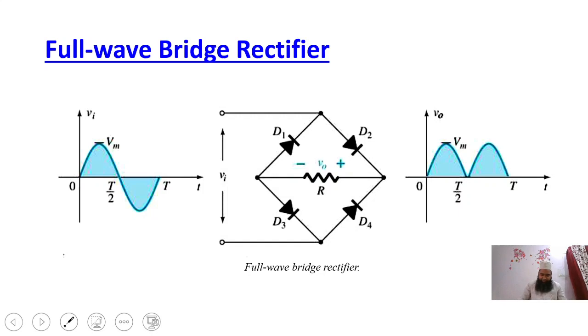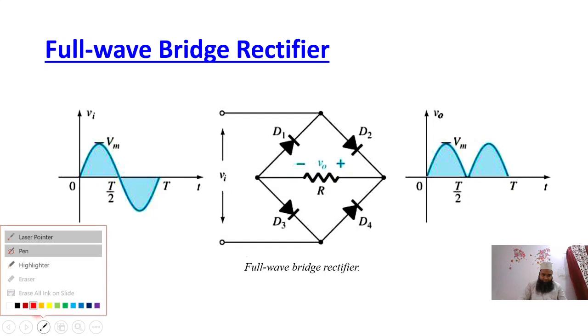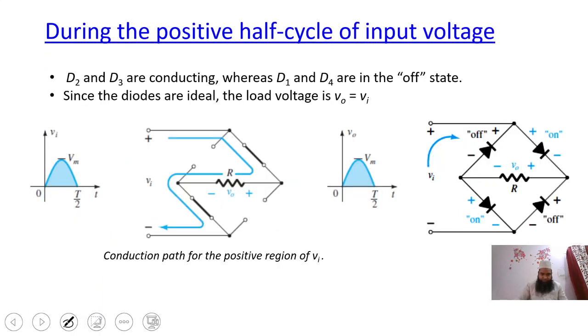we can name this diode, this is D2 and D3, and this is D1 and D4.